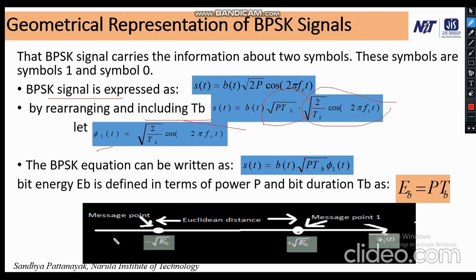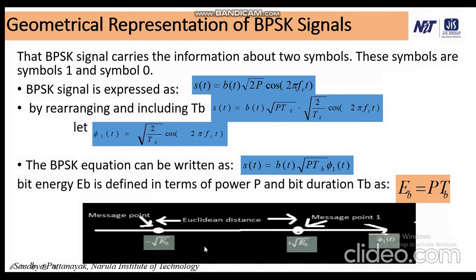The message points we plot here are minus root over Eb for the message signal 0 and plus root over Eb for the message signal 1. So the Euclidean distance between these two message points is equal to 2 root over Eb.